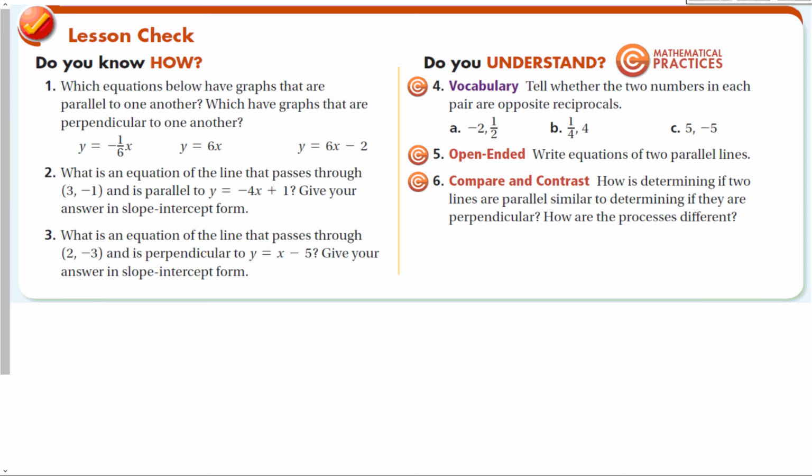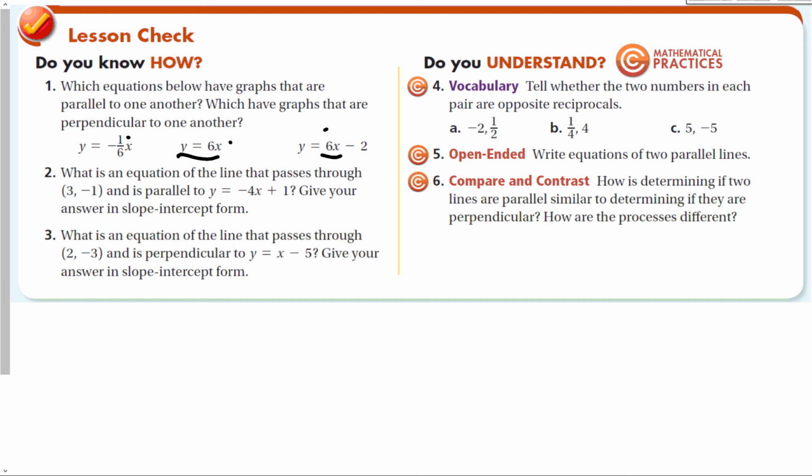Okay, our lesson check. What equations below have graphs that are parallel to each other? Well, they have to have the same slope. This one happens to be perpendicular to both of them. These two are parallel to each other. What is the equation of the line that passes through 3, negative 1?